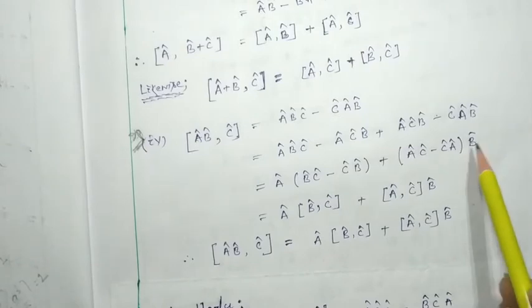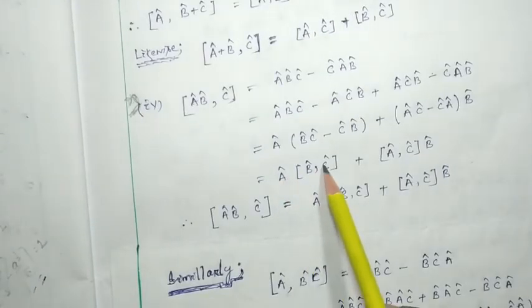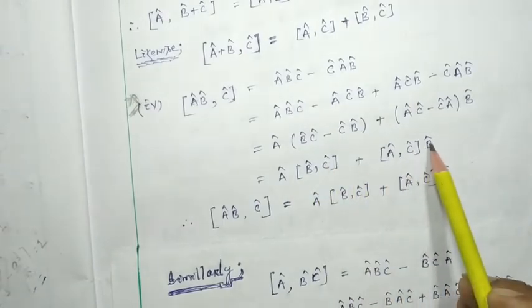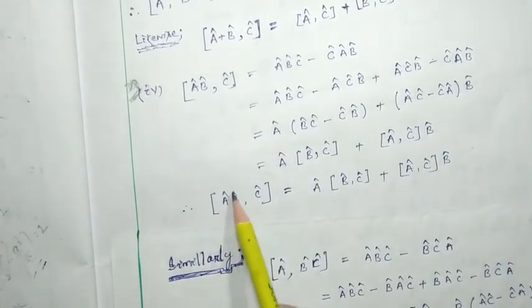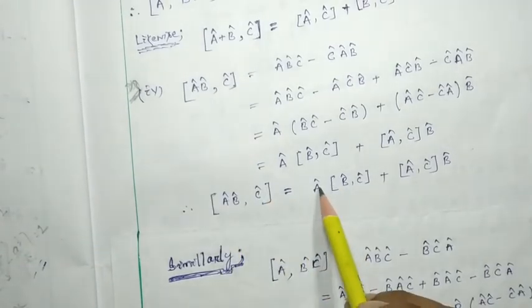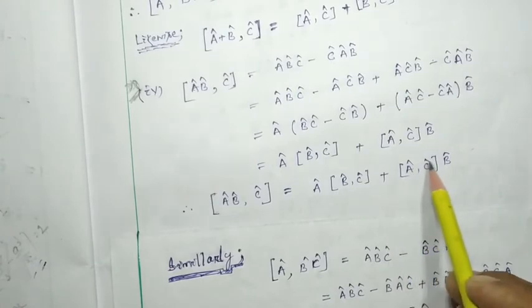Okay, so here will be [A] into the commutation of [B][C], plus the commutation of [A][C] into [B]. So here one thing, that [A][B] multiplication with [C] is equal to [A] times the commutation [B][C] plus commutation [A][C] times [B].